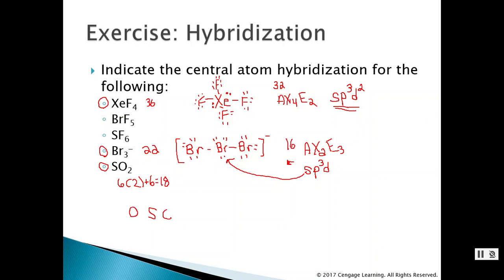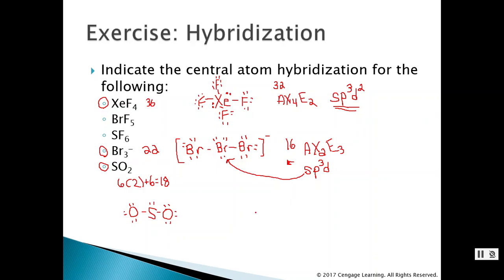Scatter my outer atoms. Do my single bonds. 2, 4. Octets: 5, 6, 7, up to 16. Those 2 remaining electrons will be a lone pair on the sulfur atom.